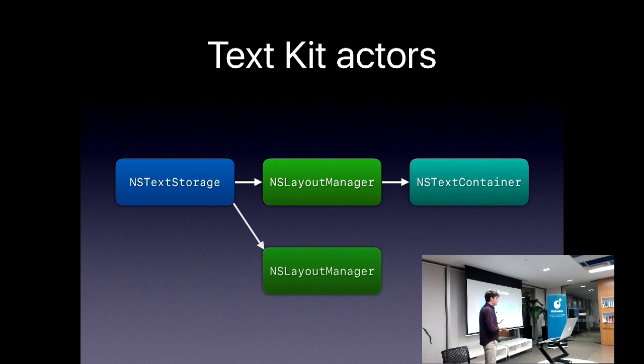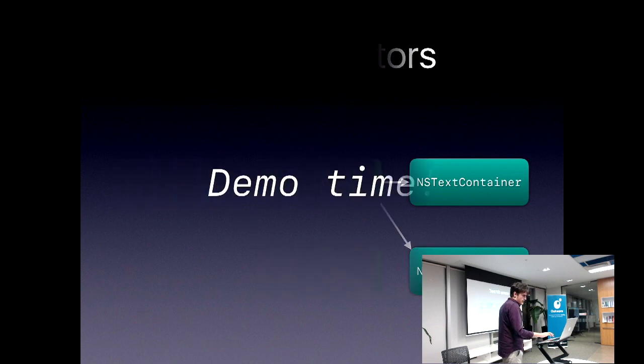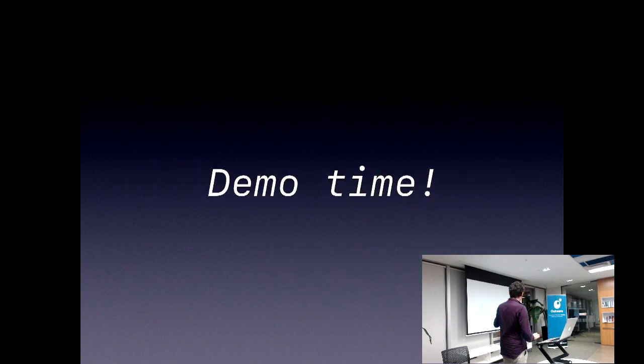You can override certain methods and implement your custom behaviors if you really want to, and again, vend those custom objects to your text view. So you don't actually have to re-implement the rendering if you only want to implement custom, say, text truncation. Yeah, each layout manager can have one or more text containers. And again, I will show that in just a second because it's demo time. Yay!